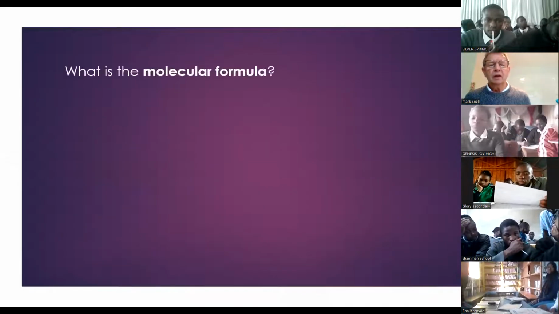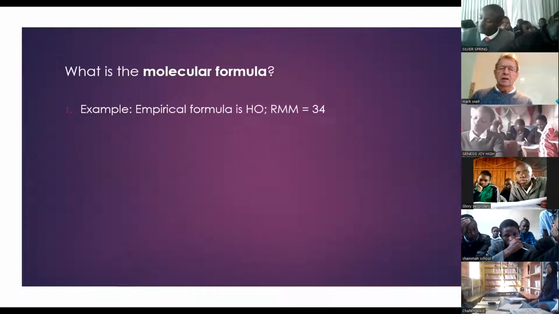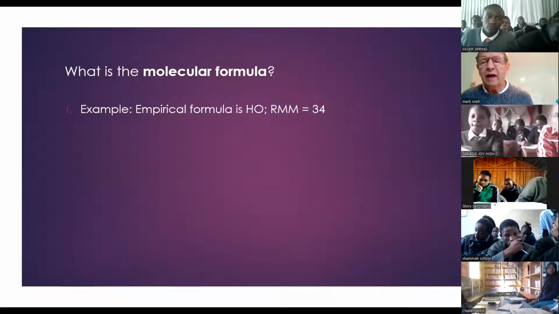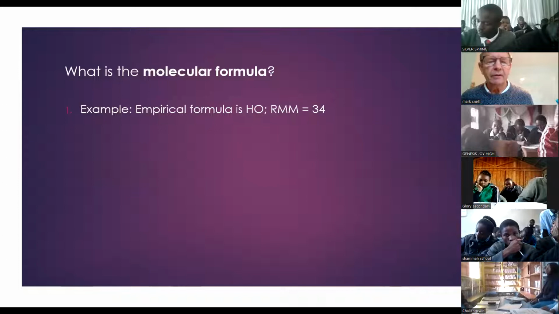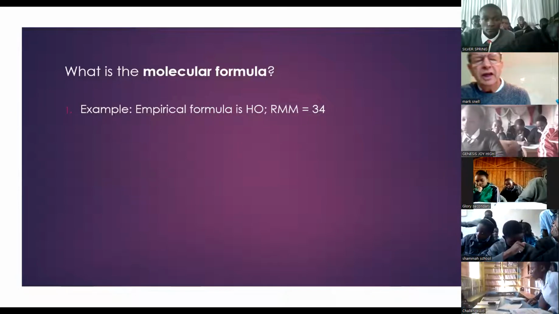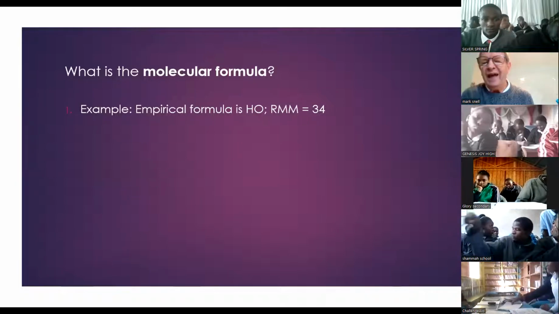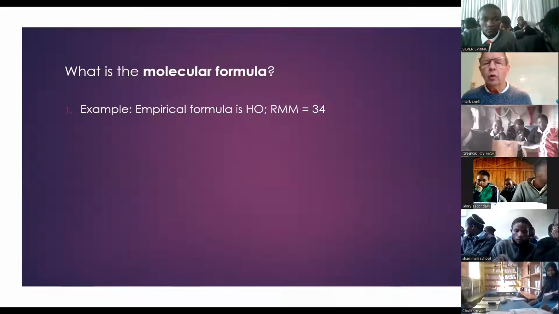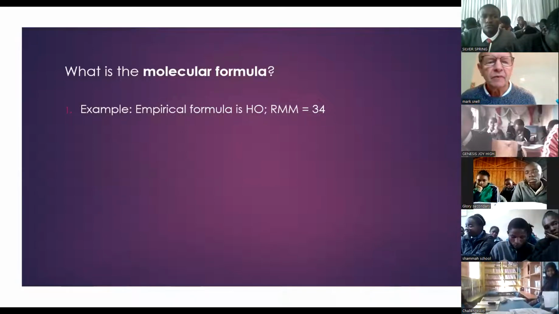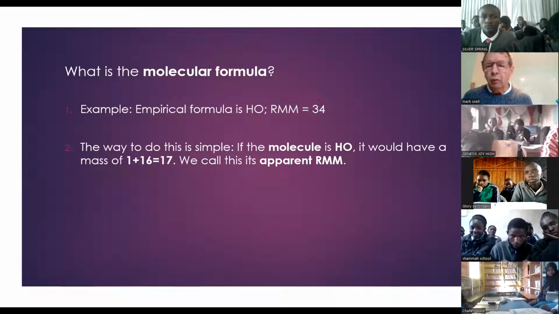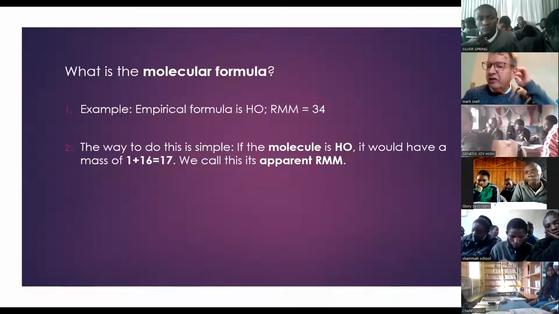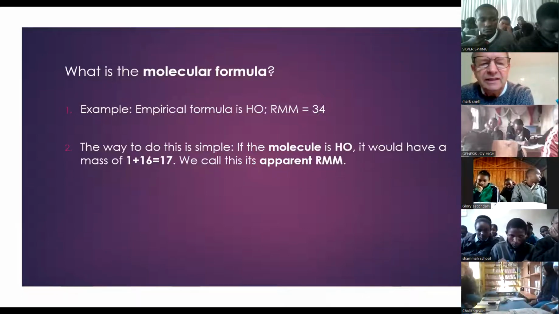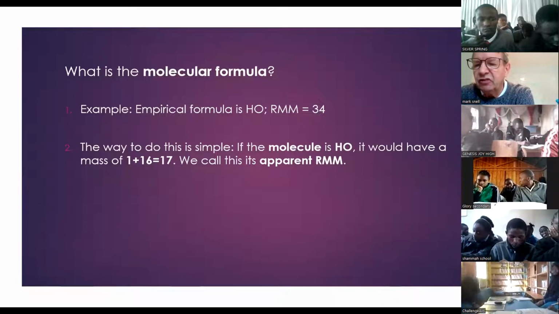Okay. Molecular formula. Here are some examples of working out the molecular formula from the empirical. So if we have an empirical formula HO, but its RMM is 34, what's its molecular formula? Well, all we have to do is this. If it is HO, that would weigh 16 and 1, which is 17.